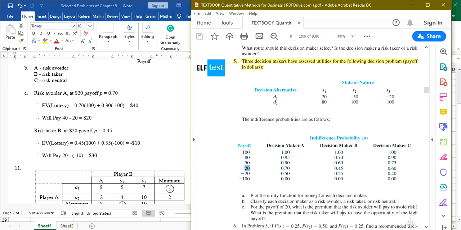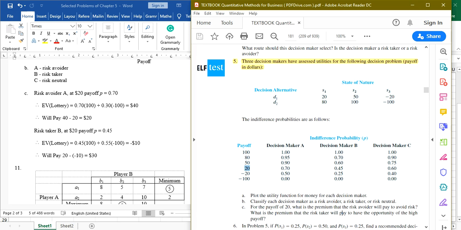That's the case, and how much this guy is willing to bear to win this dollar. So the answer is, we calculate them as it is: 70% of $100, 30% of loss, and it's 40.